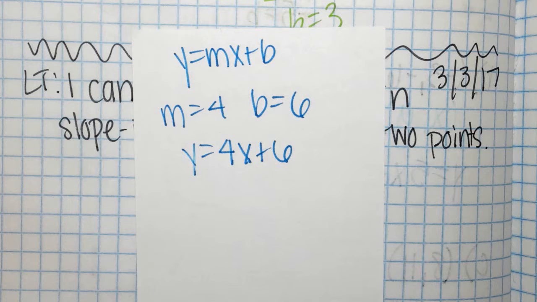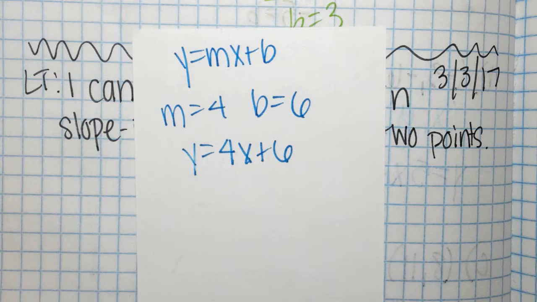All right, m stands for what? Slope. b stands for y-intercept.